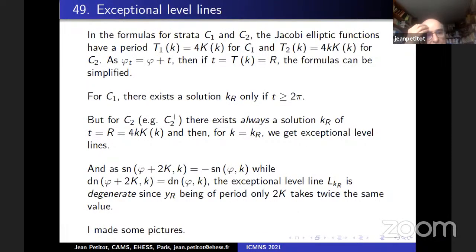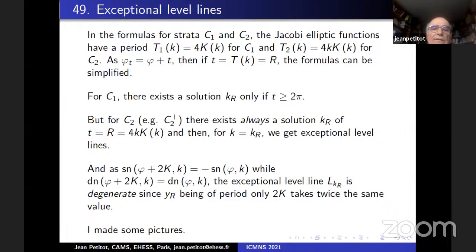Now, in the formula for the strata C1 and C2, the Jacobi elliptic functions have period T1 equal 4K of small k, k is the modulus, and capital K is the complete elliptic integral of the first kind.